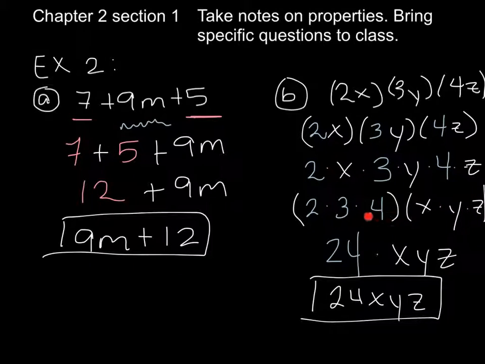So now I can simplify what's inside this parentheses, which is 24, and then x times y times z just stays as x, y, and z. And the final step is just to remove this dot multiplication. So I've got 24xyz.